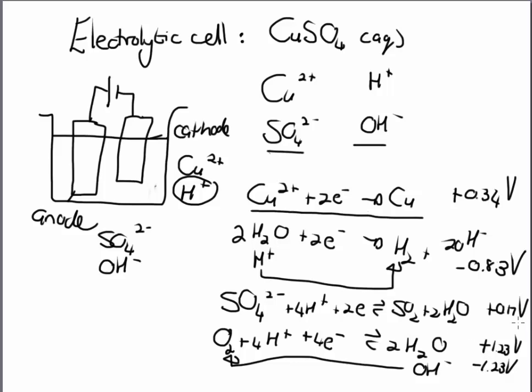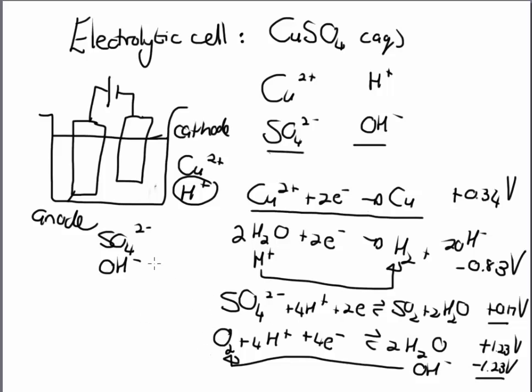So if we have to compare SO4 2- with a value of plus 0.17 and the second half reaction here where we have hydroxide becoming O2, we can clearly see that our OH- is a much stronger reducing agent, and it will therefore go through the process of oxidation. So we see that OH- will form O2 gas.